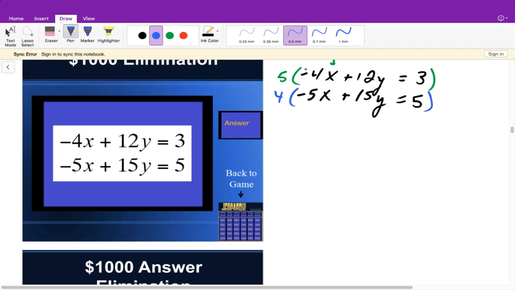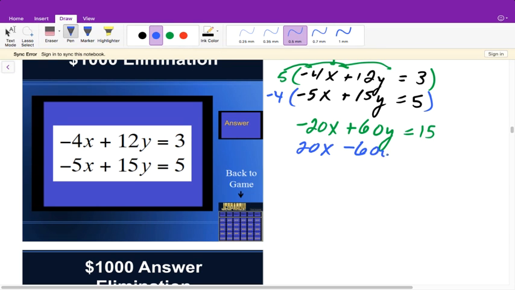However, both of these are negative, so I just need to change one of their signs. I'm going to change this one to negative just because I was already in the blue marker, and that way we'll make the same number, 20, but different signs. So we have negative 20 and positive 20. When I distribute this 5 in, I get negative 20x plus 60y is equal to 15. When I distribute the negative 4, I get 20x minus 60y is equal to negative 20.